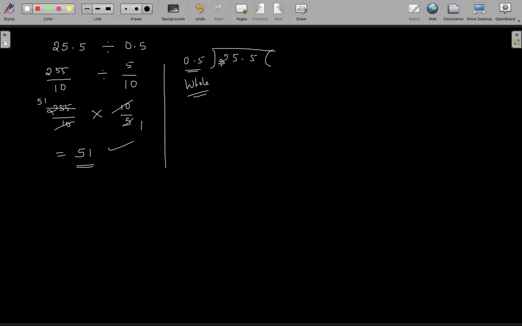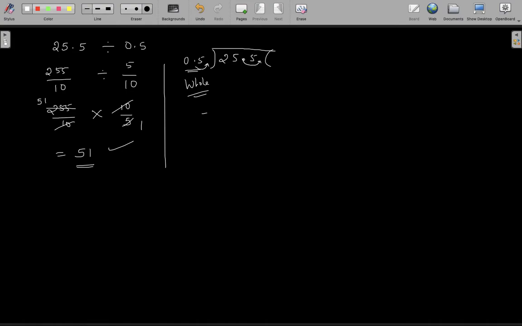What I need to do is to convert this divisor, which is a decimal, to a whole number. I need to shift this decimal point one position towards the right. When I shift the decimal in the divisor one position to the right, the decimal in the dividend also should shift one position to the right.